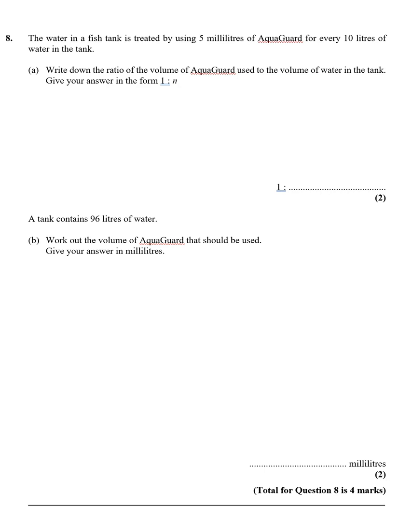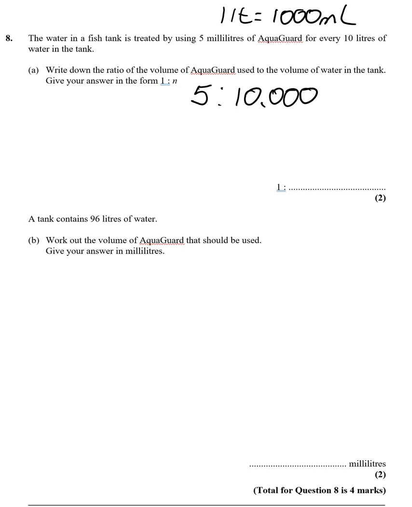Right, so we're going to have to simplify, but it's AquaGuard, so it's 5, and let's do it all in millilitres. So it's 5, and then we need to put 10 litres into millilitres. Well, 1 litre is equal to 1,000 millilitres. So actually we've got 5 to 10,000, but we want it in the form of 1 to n.